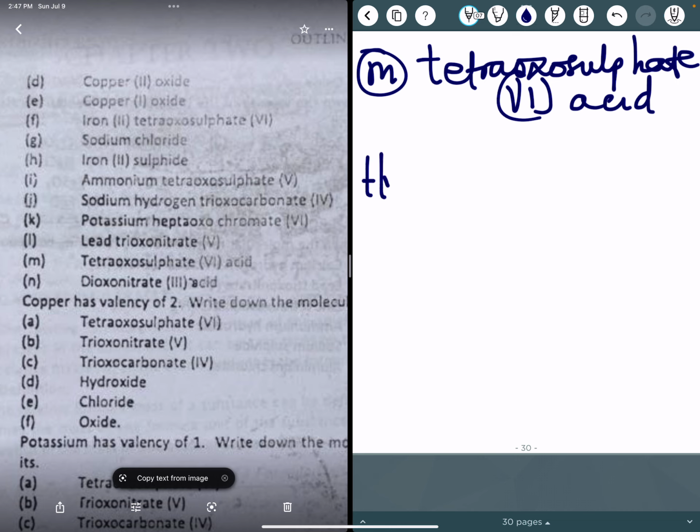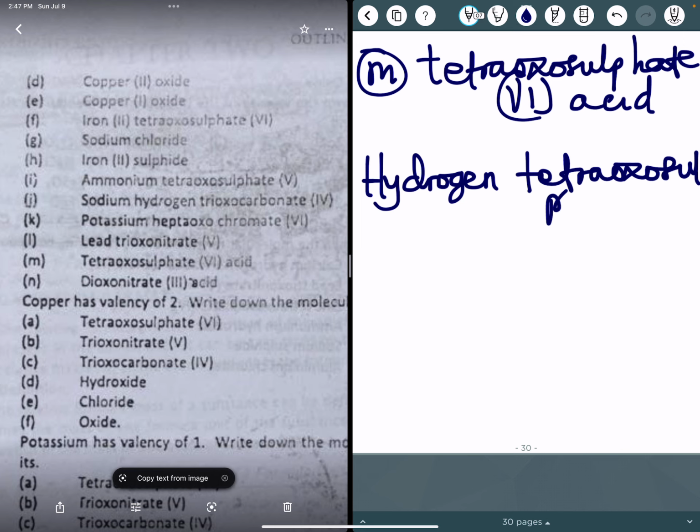So I can call this compound more completely. This compound is called hydrogen tetraoxosulfate 6 acid. I can put the acid if I like, or leave it if I don't. So hydrogen tetraoxosulfate 6. The hydrogen is charged H+.